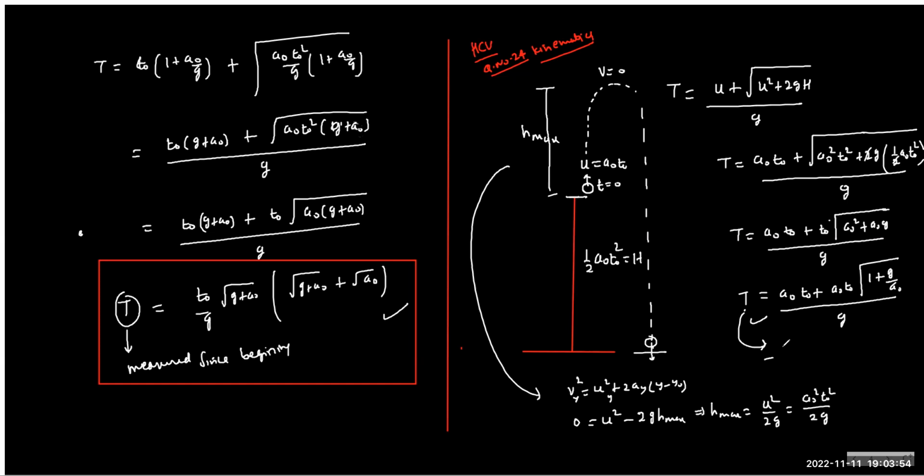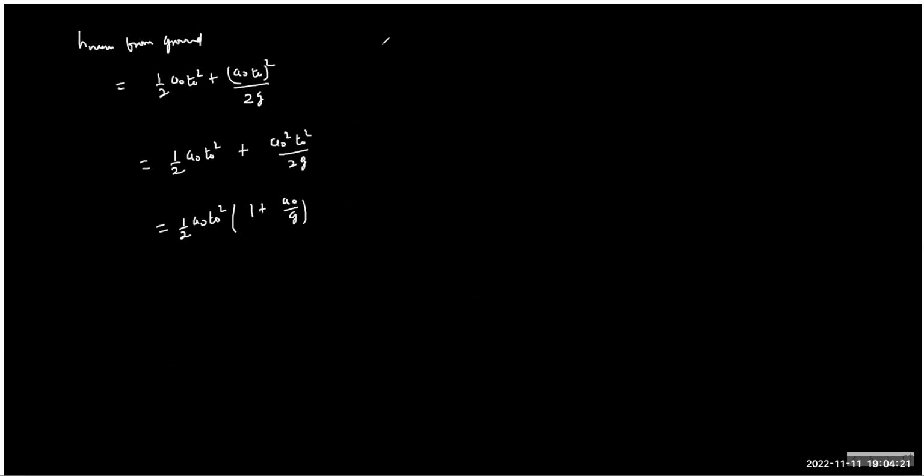Is this clear, guys? Yes. That's why the answer was mismatching. I thought, okay, why is it a different answer? So both are correct answers. It is just a matter of interpretation. You'll get the same answer anyway. I hope this is clear. You can subtract T naught here, you will get the same answer. So no need to do the calculation.